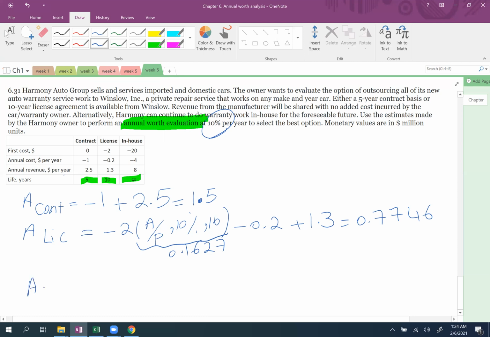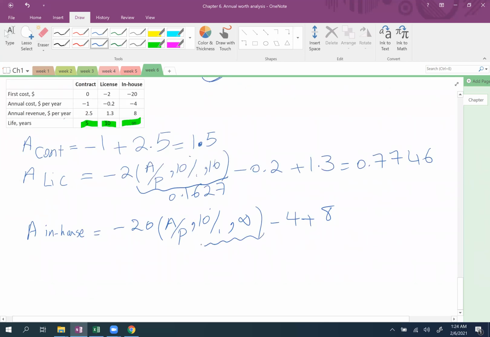Now we have the in-house alternative. I would say A of in-house. For this one, as you can see, you have $20 million as the first cost. So I have to convert it to A for that given P, 10% and infinity. And you already have annual cost, which is already given per year, so negative 4, and annual revenue, which is already A. Okay, so what is the value of this?